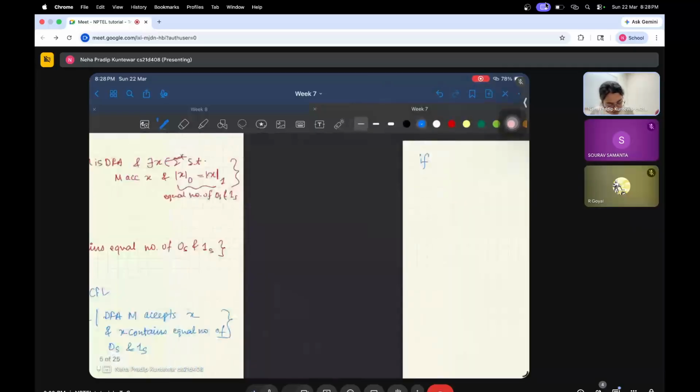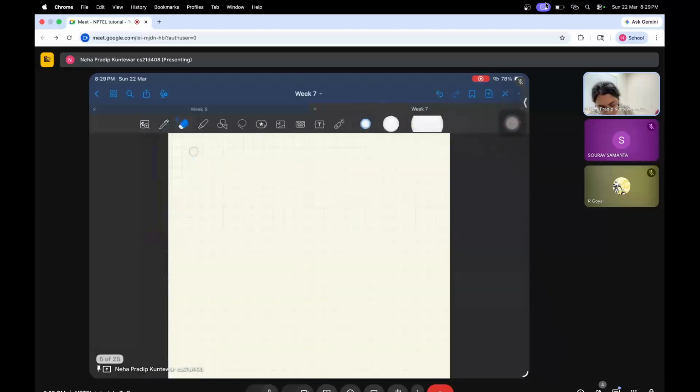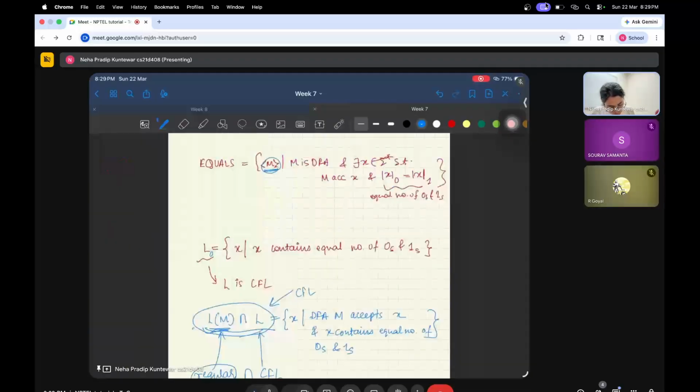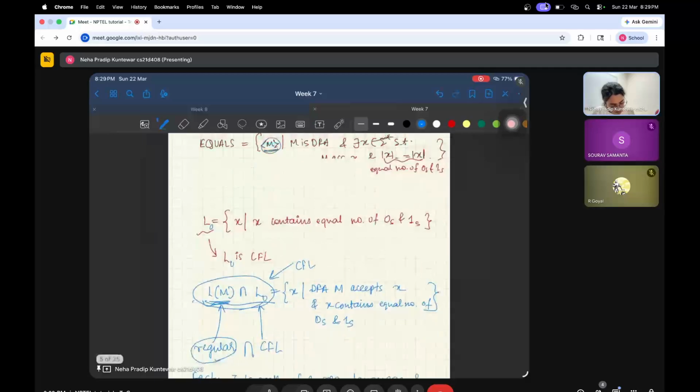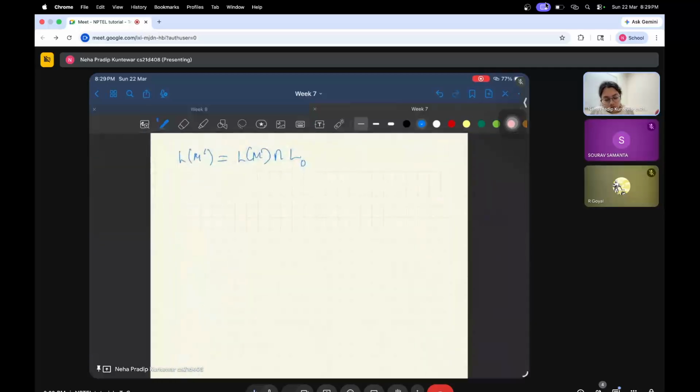Let me just call this new machine M prime. So L of M prime is nothing but this language that we wanted, the intersection of the two. Let me call this L0 so that there is no confusion. So I have this PDA M prime.